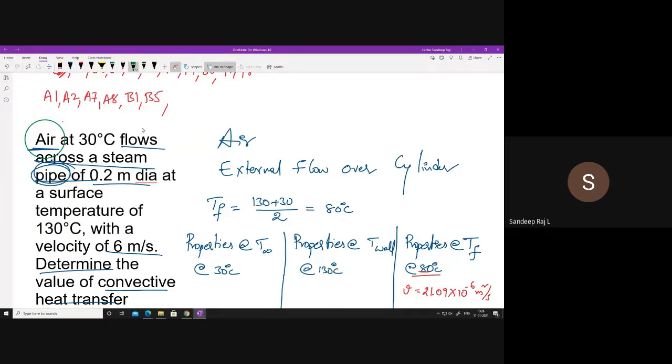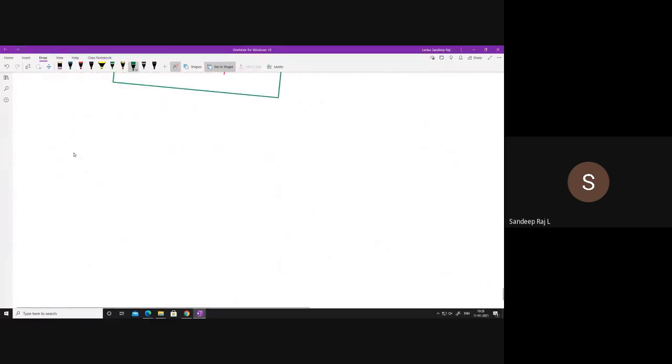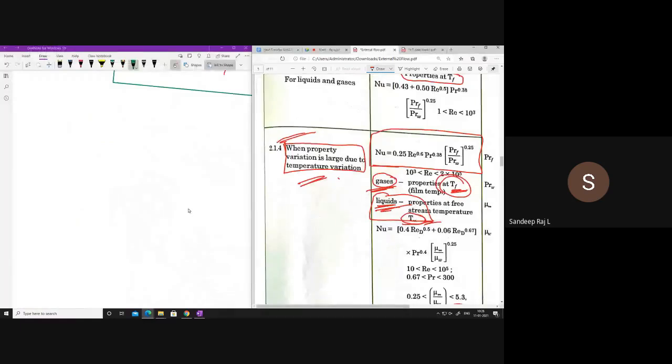Even then, if you have to use this particular correlation, how do we solve it? Let us write here.